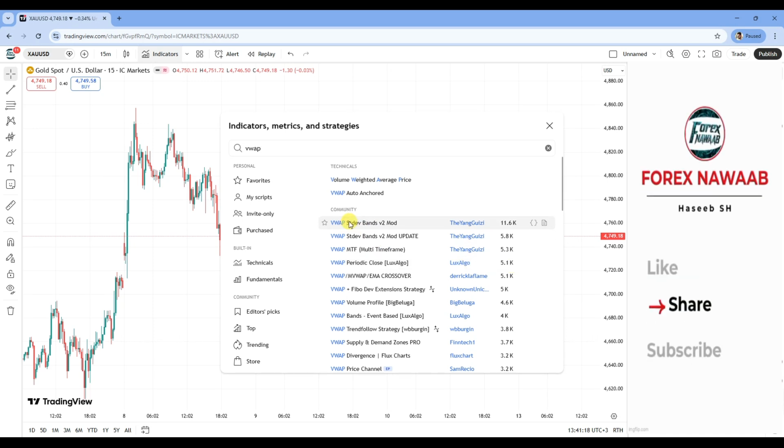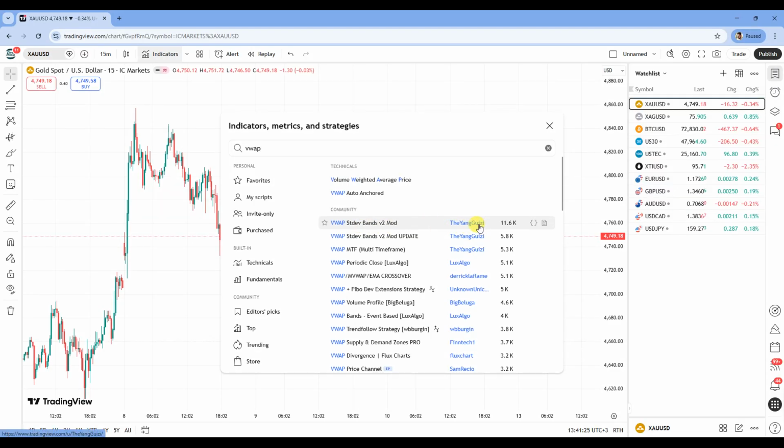There is a VWAP with standard deviation bands, and there is also an updated version of this one, which is much less used by people. It is again by the same author, version 5.3k. But let's talk about the 5.1k of LuxAlgo, of course my favorite. I believe this 5.1k is a lot better than the rest.